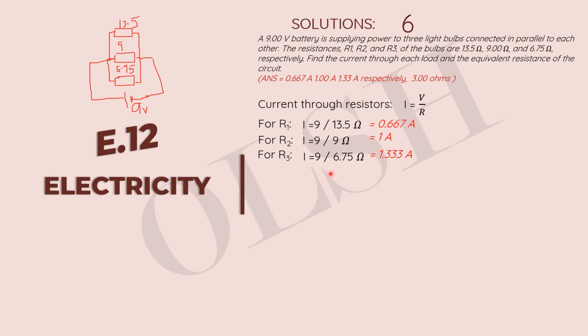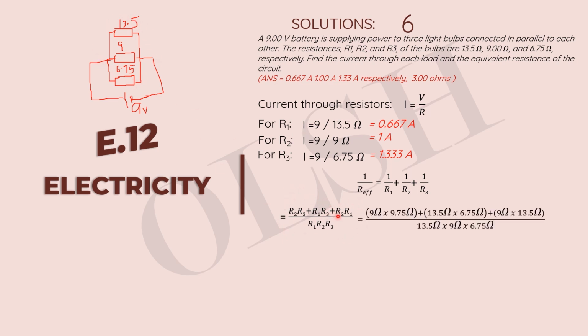So having gotten that, we're asked to find the equivalent resistance of the circuit. To do that, we remember our formula: 1 over R effective equals 1 over R1 plus 1 over R2 plus 1 over R3. If we simplify that, whenever we have 3 resistors in parallel, we can use this formula straight.